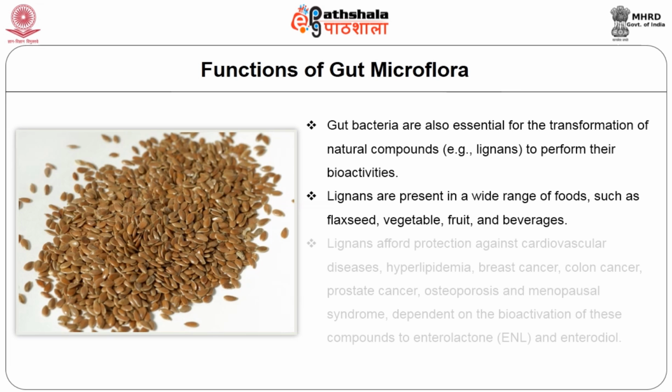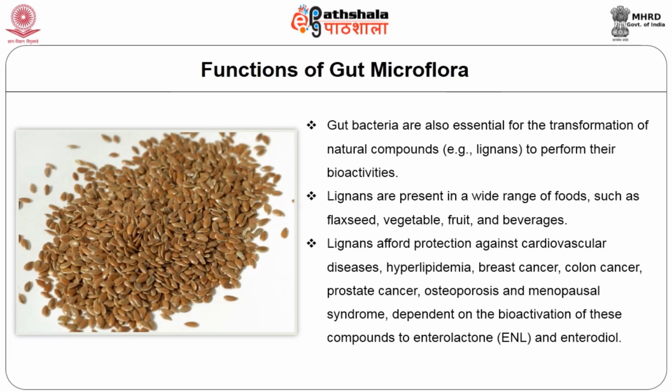Example, lignans. Lignans are present in a wide range of foods such as flaxseed, vegetables, fruit and beverages, even sesame seeds also have these lignans. Lignans afford protection against cardiovascular diseases, hyperlipidemia, breast cancer, colon cancer, prostate cancer, osteoporosis and menopausal syndrome, dependent on the bioactivation of these compounds to enterolactone and enterodiol.